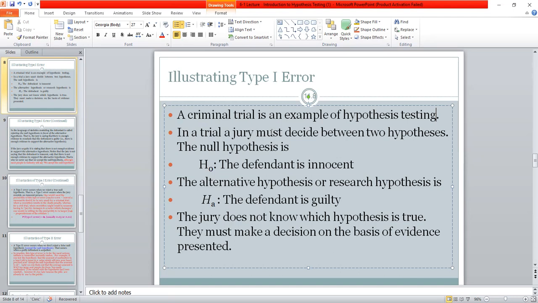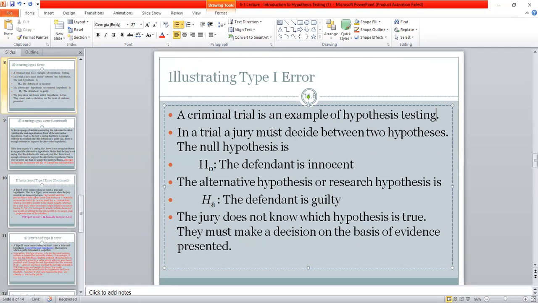Witnesses. Witness testimony. Evidence. Past judgments. Witnesses. Evidence.